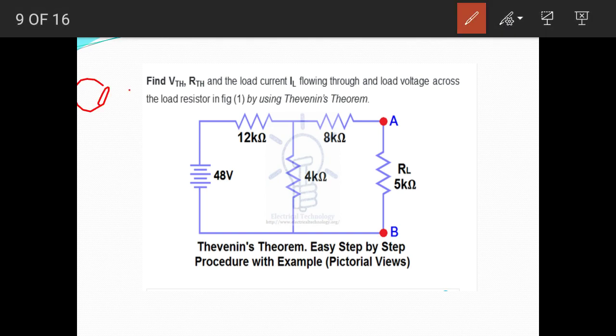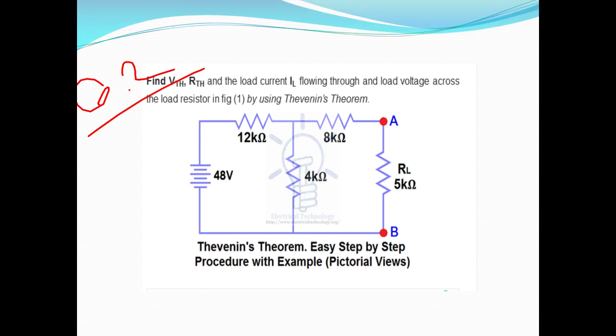In this question, there is only one voltage source of 48 volt and four branches consisting of resistances 12 kilo ohm, 4 kilo ohm, 8 kilo ohm and 5 kilo ohm. So according to the procedure, first we find VTH.